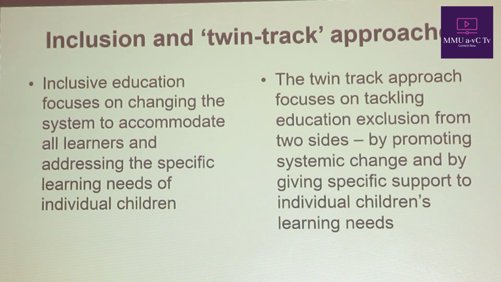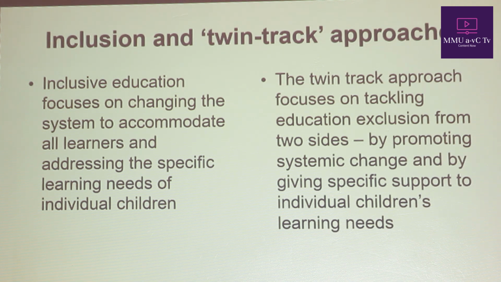Then when it comes to twin track approach, it focuses on tackling education exclusion from two sides, by promoting systematic change and by giving specific support. So it has two approaches.